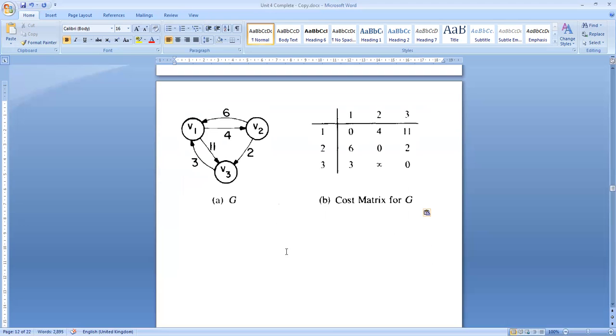This is the cost matrix of this graph. So I write it like this now.